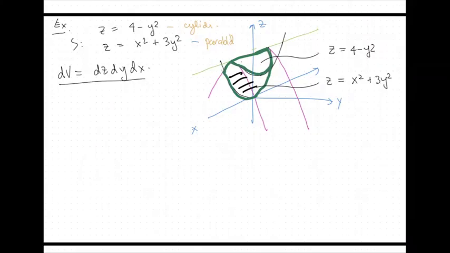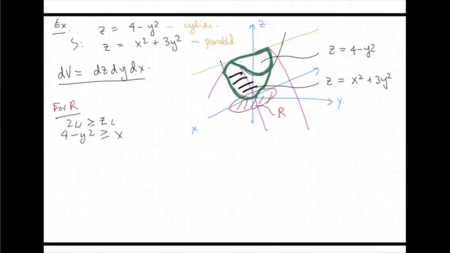Now, we want to find the shadow. So again, this shadow here. What is the shadow? This region R. For our region R, z upper is greater than or equal to z lower, greater than or equal to x squared plus 3y squared.